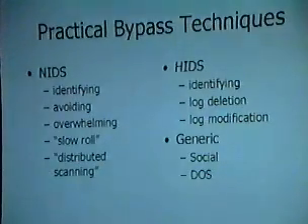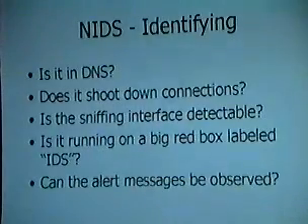All right, a couple other types of practical bypass techniques for the network IDS side. We're going to get into port scan detection, port sweep detection, things like that. But very simply, I've run across a lot of practical things people have done that are not necessarily the best thing to do with a network-based IDS. First of all, is it in DNS?